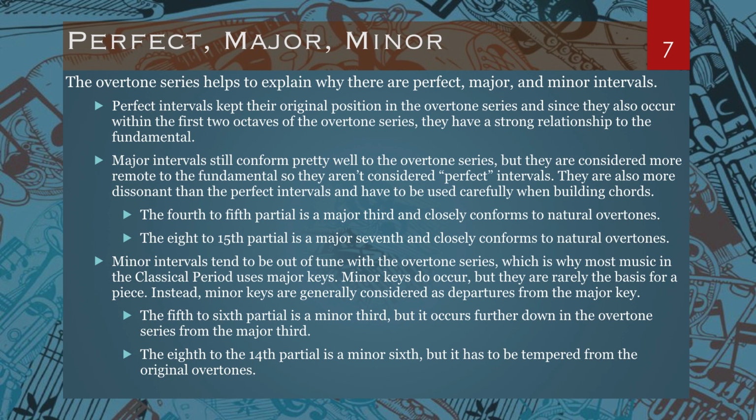And because of that, this is why most music in the classical period uses major keys. Minor keys do occur, of course, but they are rarely the basis for a piece. Instead, minor keys are generally considered as departures from the major key.